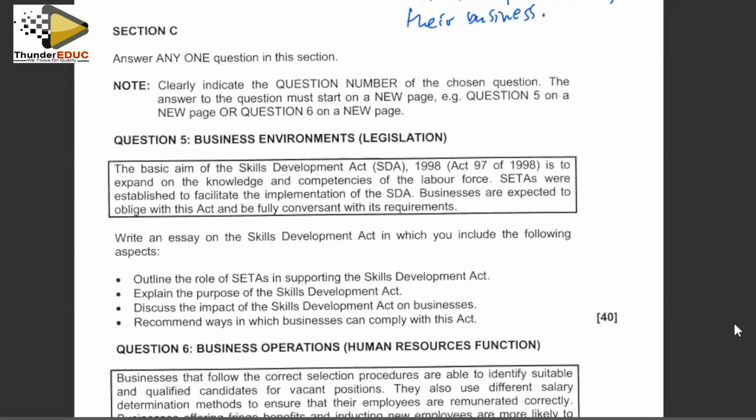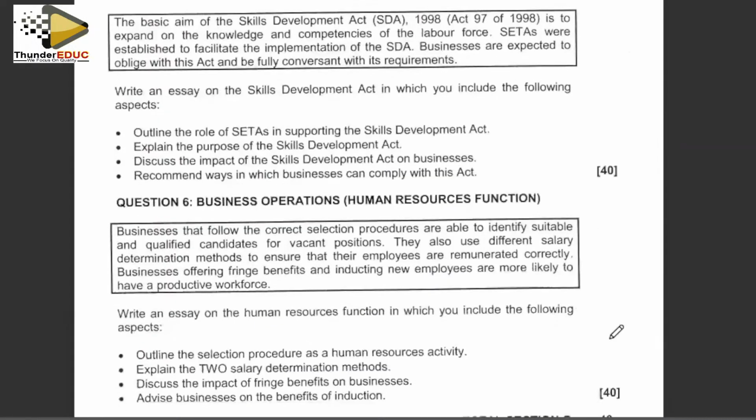So now the basic aim of the Skills Development Act is to expand on the knowledge and competencies of the labor forces. Sectors were established to facilitate the implementation of the SDA. Businesses are expected to oblige with this act and be fully conversant with its requirements. Write an essay on the Skills Development Act, in which we include the following aspects. Okay, right, grade 12.